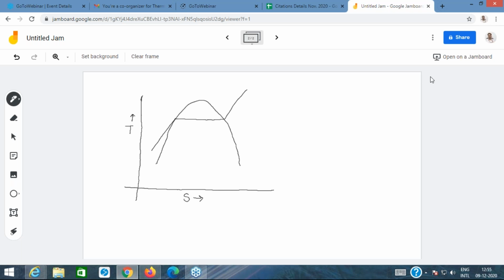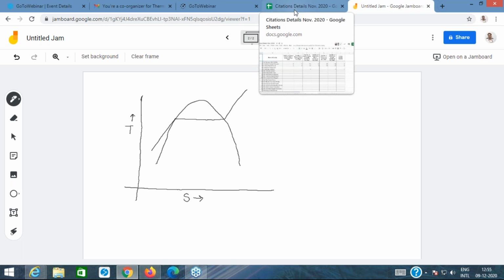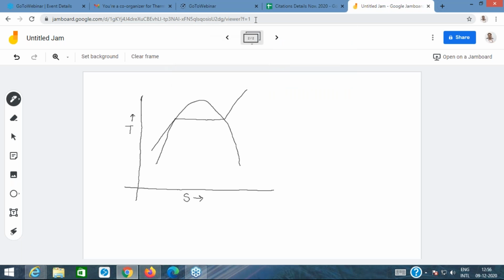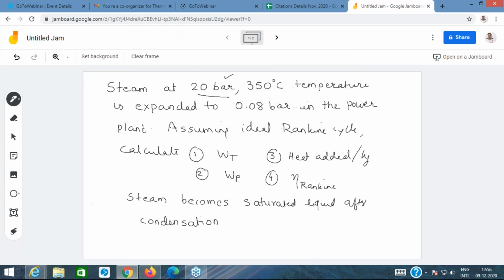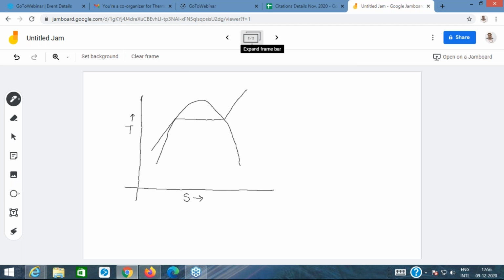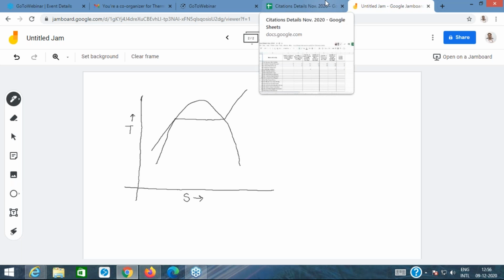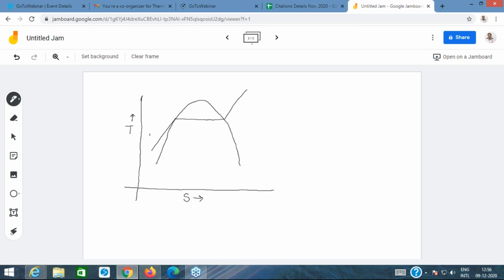It is a constant pressure line. And what pressure are we talking about? The boiler pressure is how much? Yeah, correct. So the boiler pressure is 20 bar. So this is 20 bar.